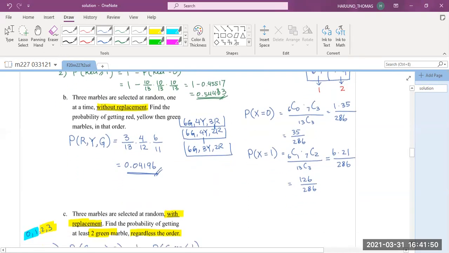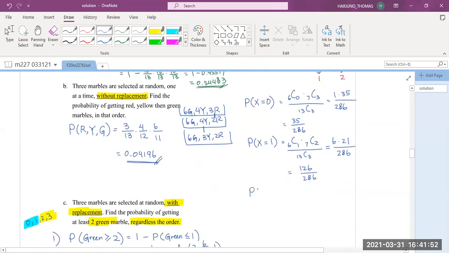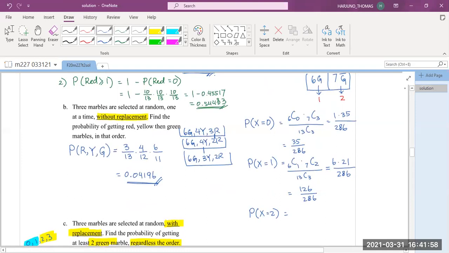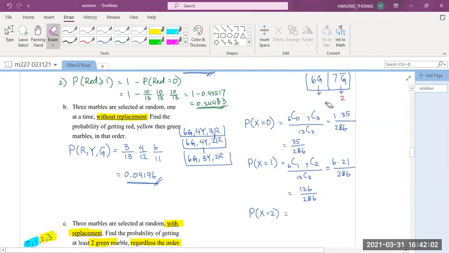Then what is the probability to get 2 green marbles? To get 2 greens means how many not green? If we get 2 green, then the other one has to be from not green, because we select a total of 3 marbles.